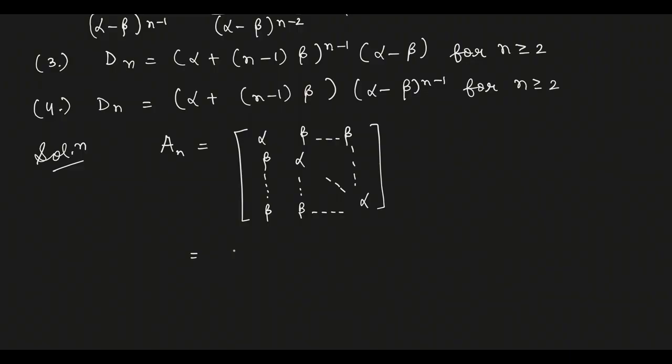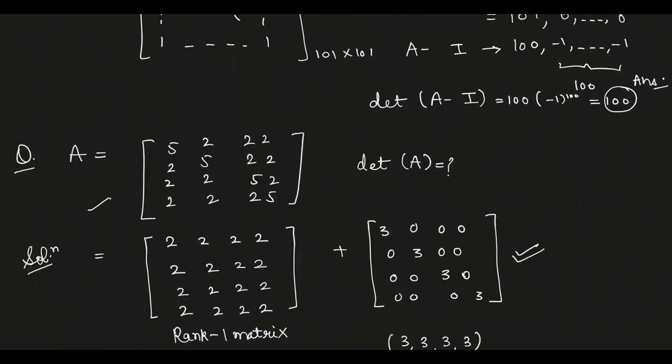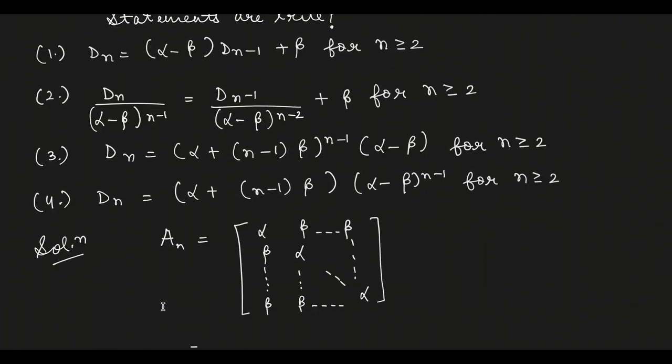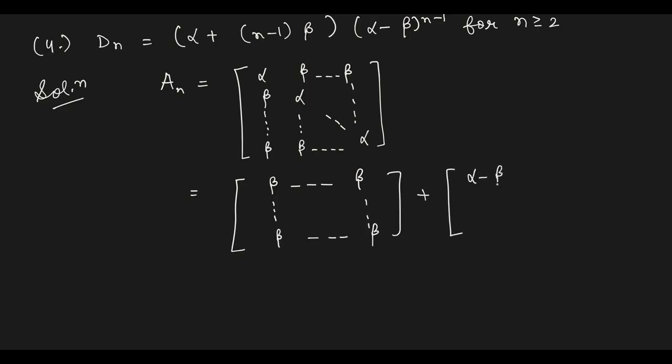Then I have taken alpha as 2 and beta as 1. Or you can apply the approach which I have told you in this question. The eigenvalues I have taken by adding two matrices: alpha minus beta on the diagonal entries, and the rest will be zero.